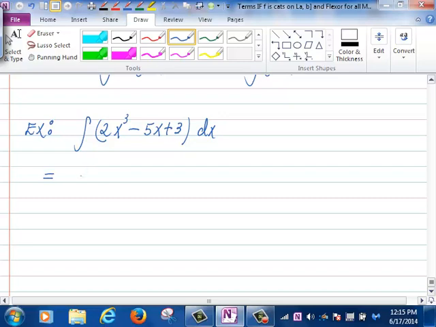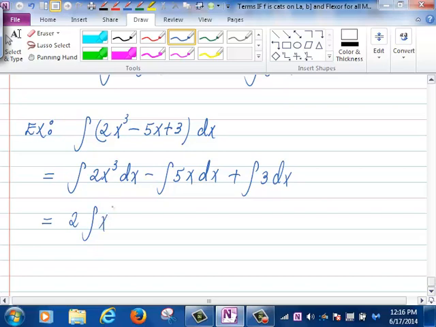I know that if I have a sum of functions, I can take the integral term by term: the integral of 2x cubed dx minus the integral of 5x dx plus the integral of 3 dx, which is the same as, now I can apply number 2 of the theorem, I can take out the 2. I get 2 times the integral of x cubed dx minus 5 times the integral of x dx plus 3 times the integral of 1 times dx.